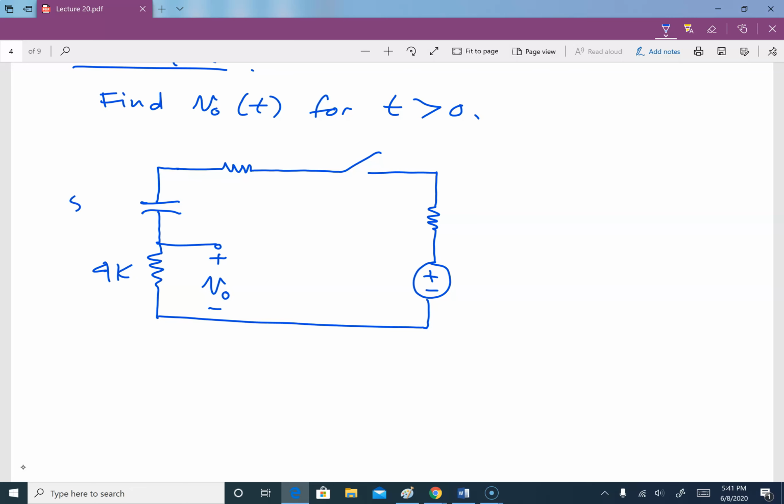This is 4K, 50 microfarad, 2K, 4K, 24 volts, 2K, 12 volts.